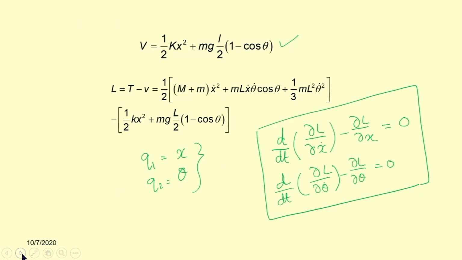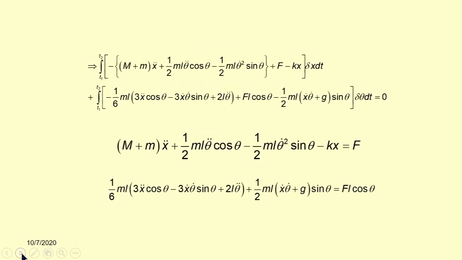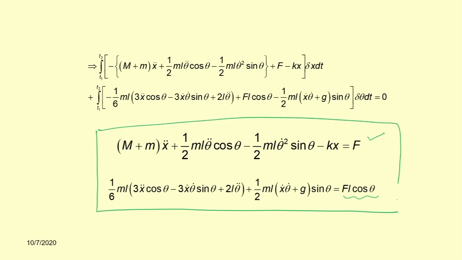Already you have found this R_i, and by using that you can find this equation. In the first case your Q1 becomes F, and in the second, Q2 becomes F l cos theta. So this is the equation of motion. You just see, this is not an equation of motion of a linear system.